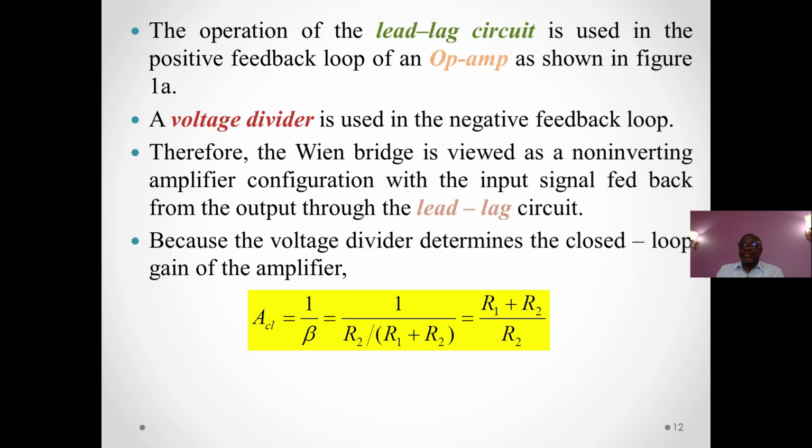Therefore, the Wien bridge is viewed as a non-inverting amplifier configuration with the input signal fed back from the output through the lead-lag circuit. Because the voltage divider determines the closed loop gain of the amplifier, we can arrive at an equation that says the closed loop gain is equal to 1 over beta, where beta is the attenuation that takes place in the feedback loop.